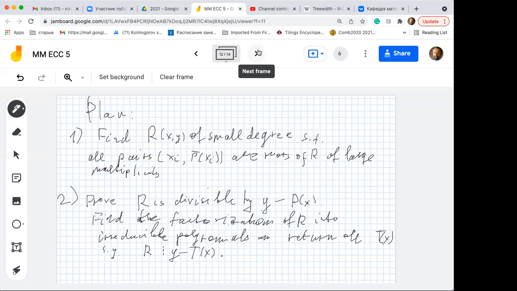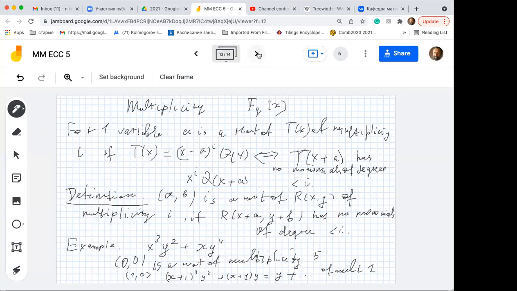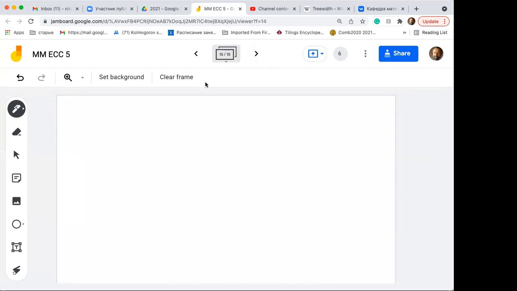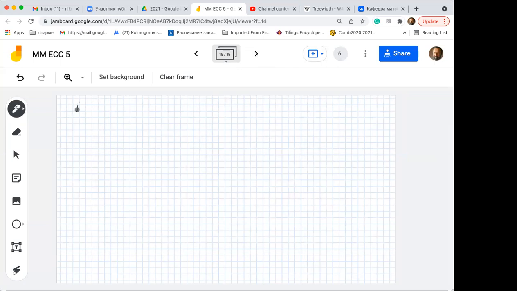To distinguish this from the normal degree, we will call it k-degree. So I will need one new definition. The k-degree of the monomial x to the i times y to the j is equal to i plus j times k.